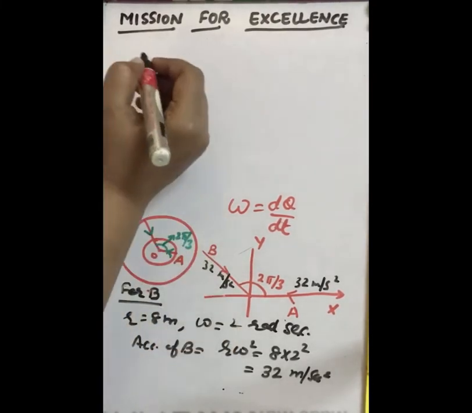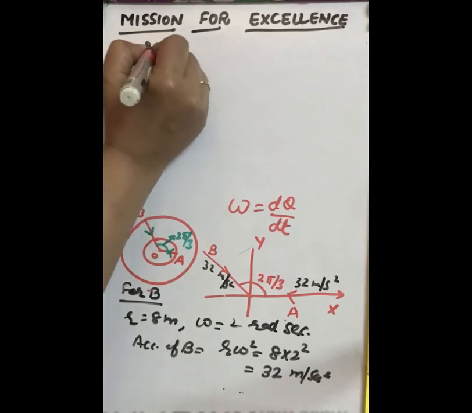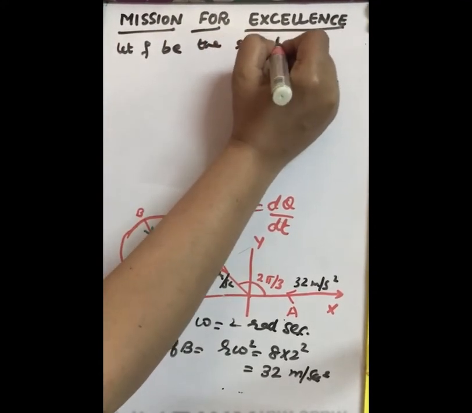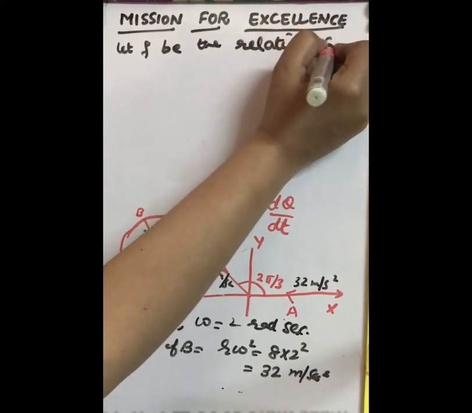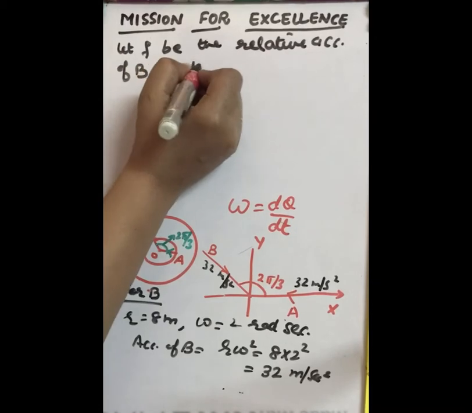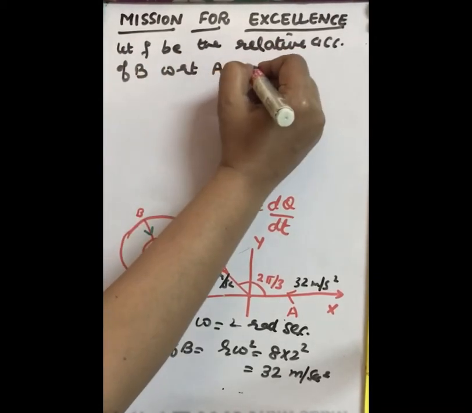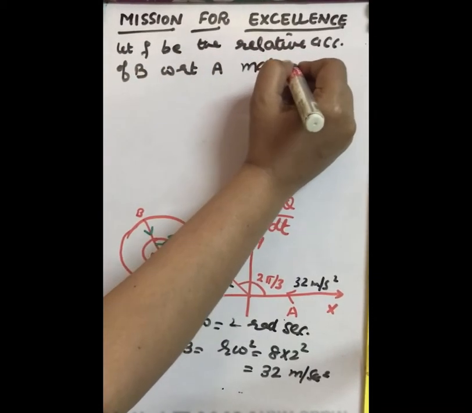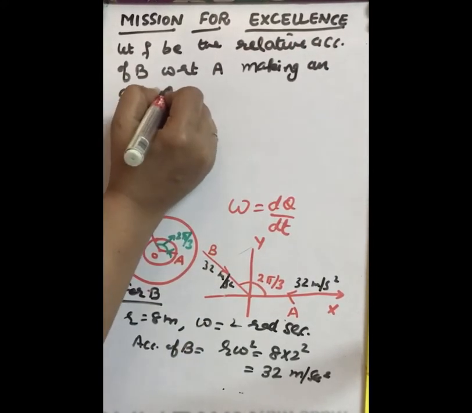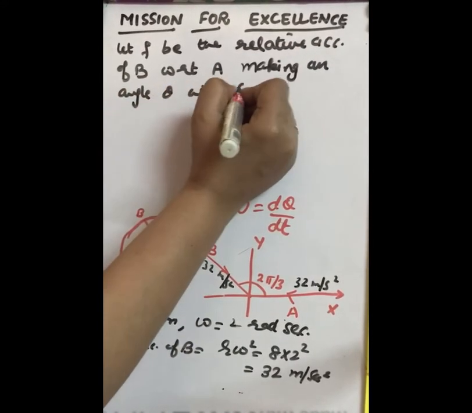Now let F be the relative acceleration, the relative acceleration of B with respect to A, making an angle theta with OX.